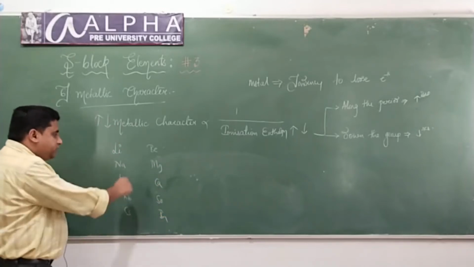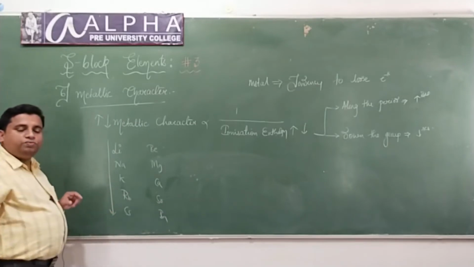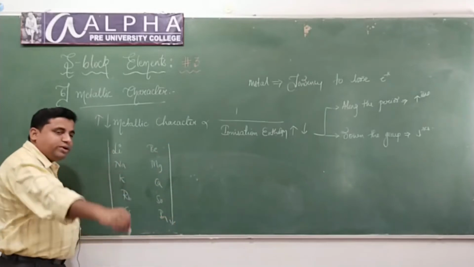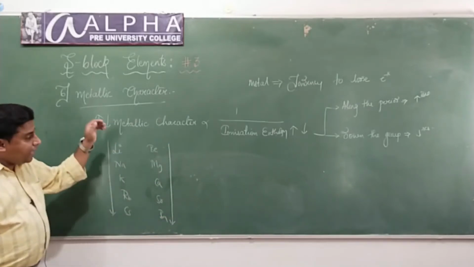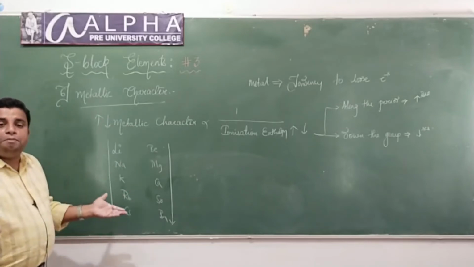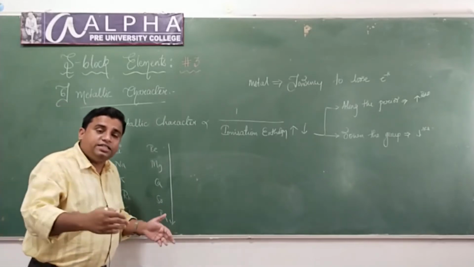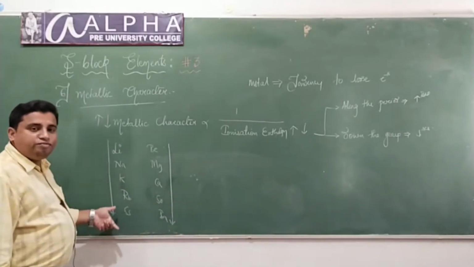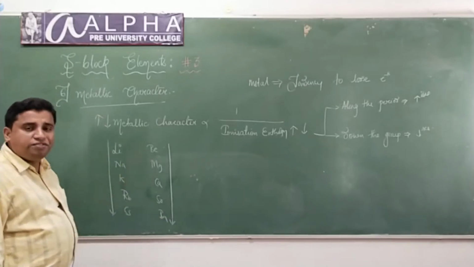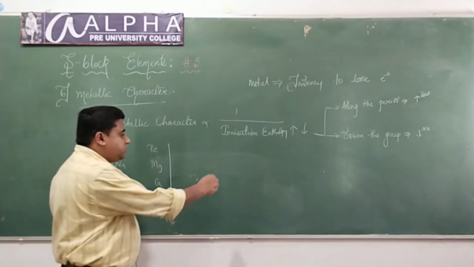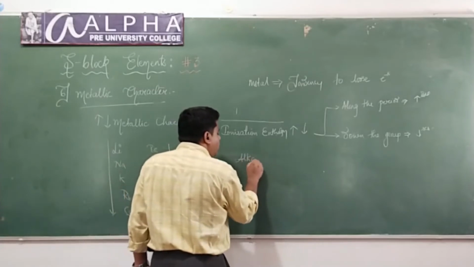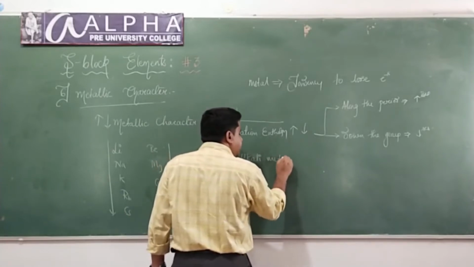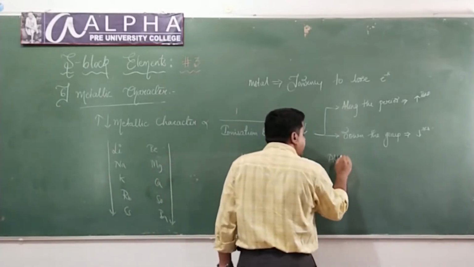As we go down the group, ionization enthalpy decreases, so metallic character increases, because the tendency to lose the electron increases. So what is the order of metallic character among alkali metals, and among alkaline earth metals?